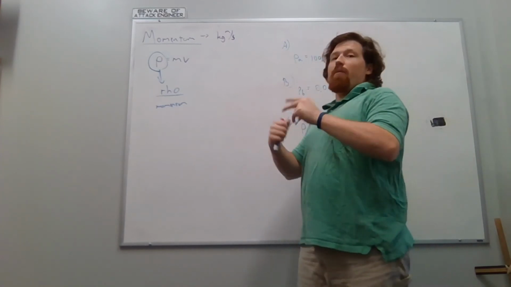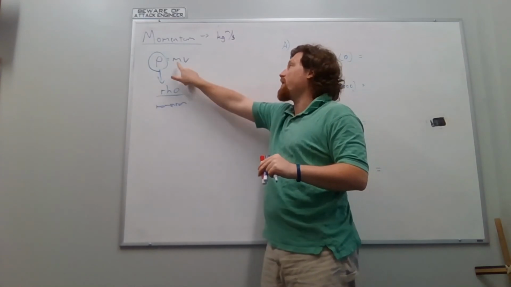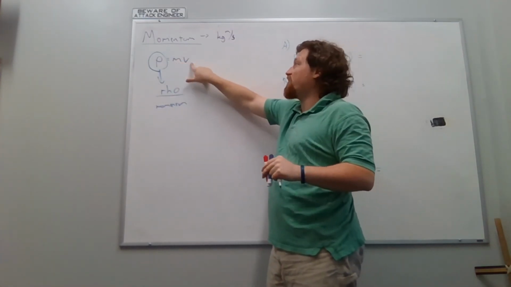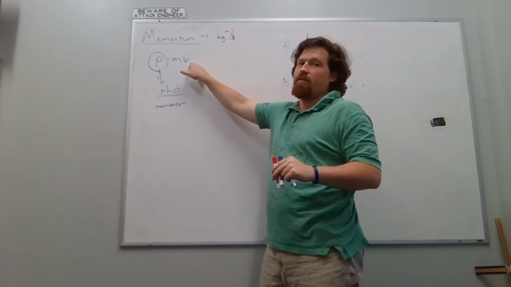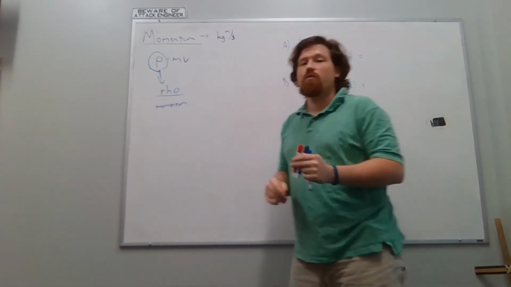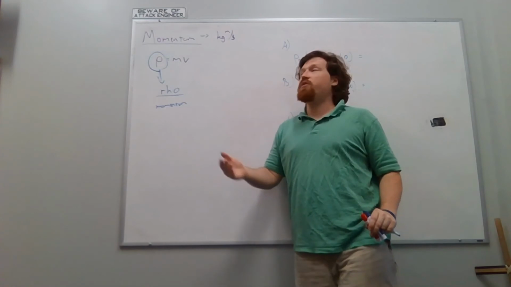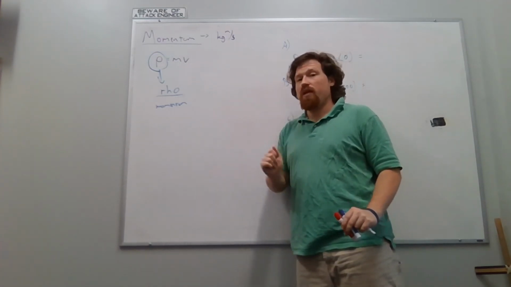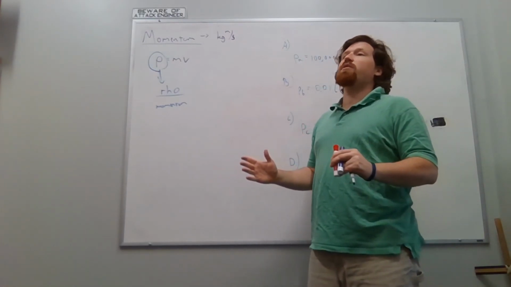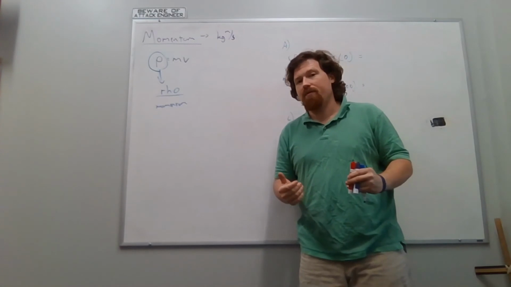And you find the momentum of an object simply by multiplying that object's mass in kilograms by that object's velocity in meters per second. All you do to find momentum is you multiply those two numbers. An object that has more mass will have more momentum. An object that is moving faster will have more momentum. Both of those things contribute to an object being easier or more difficult to stop.